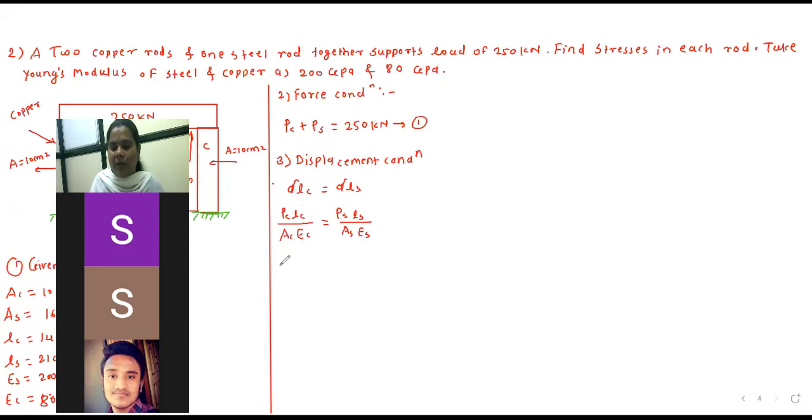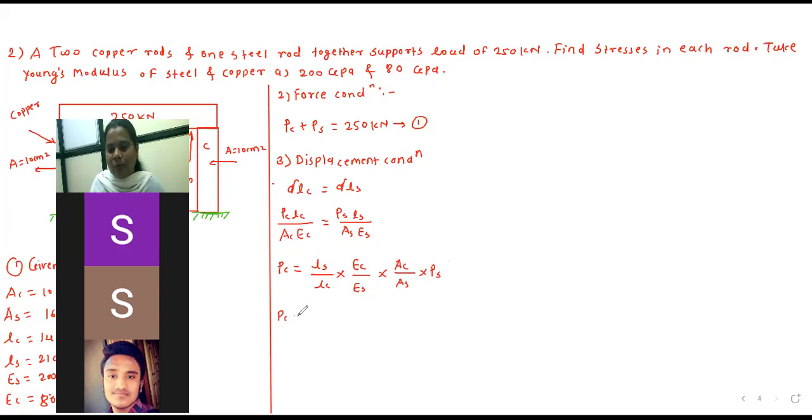We will convert the equation. So PC is equal to LS divided by LC, that is length of steel rod divided by length of copper rod, into Young's modulus of copper rod divided by Young's modulus of steel rod, into area of copper rod divided by area of steel rod, into force in steel rod.